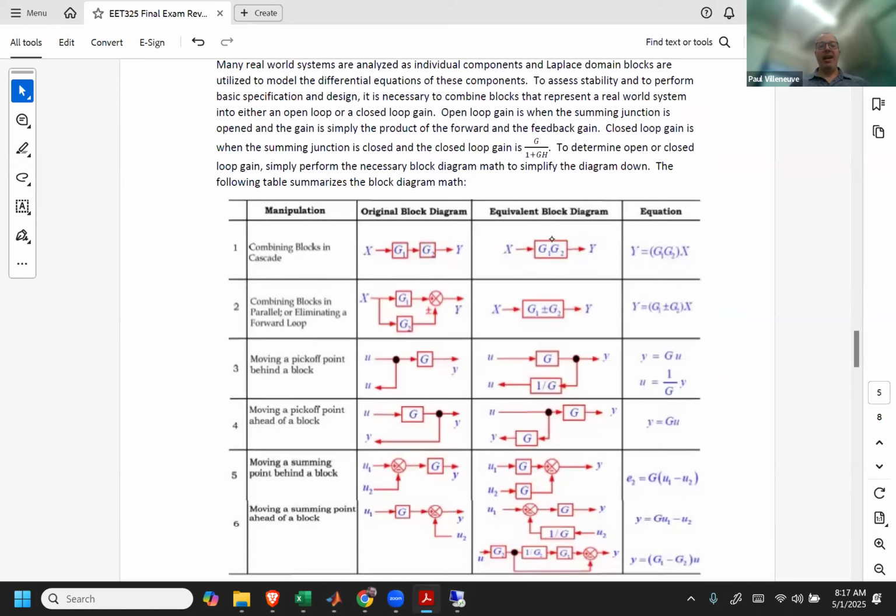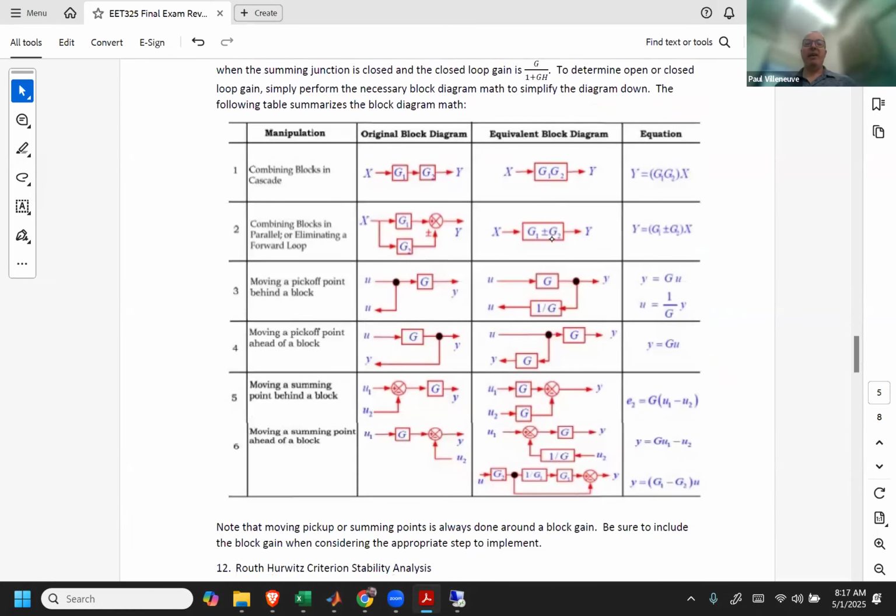Some block diagram math. So moving pickoff points in front of or behind blocks, or moving summing junctions in front of or behind points.